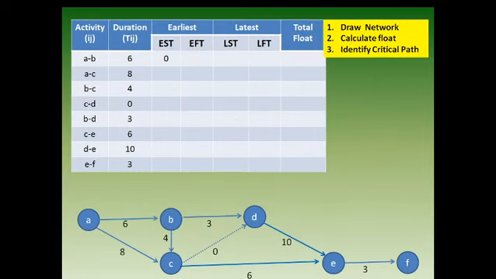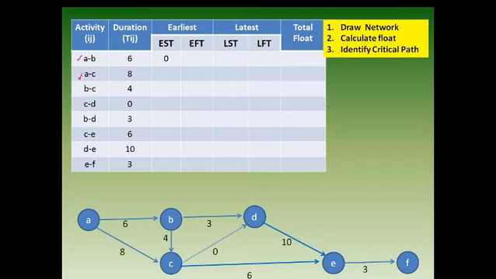See, again one network is given over here. Draw the network, calculate the float, identify the critical path. A to B, how to draw this? I'll draw this network. A to B we have 6 days.